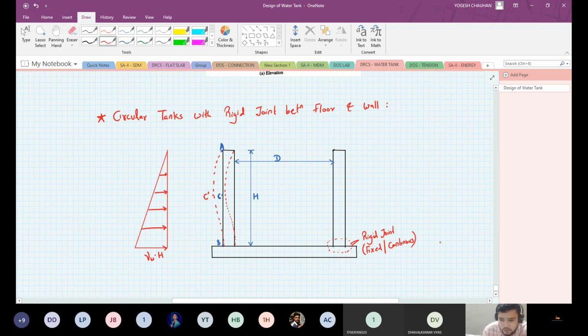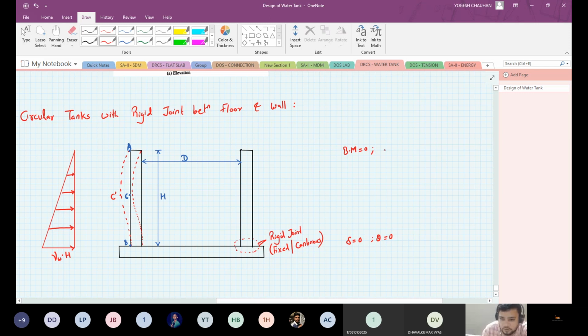And at the top, your bending moment will be zero, and your shear force will be zero.